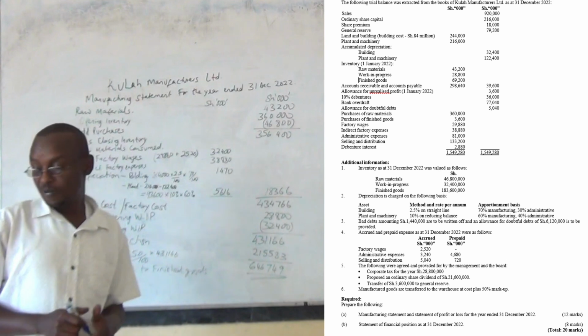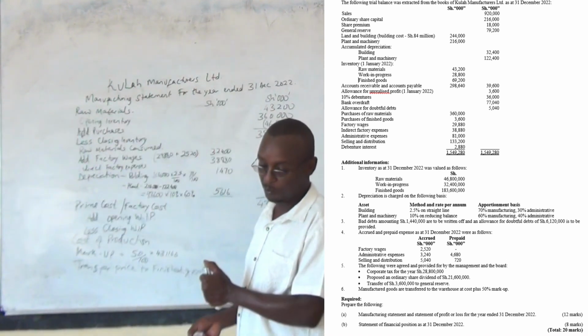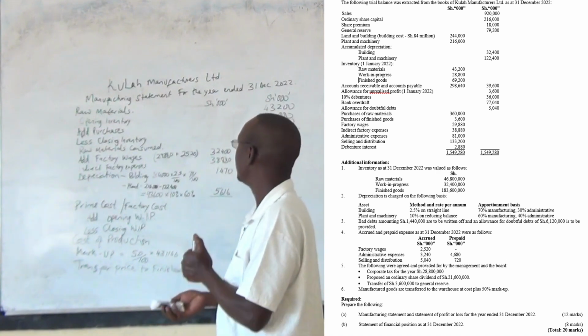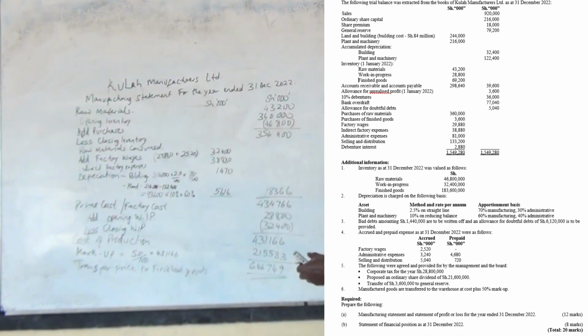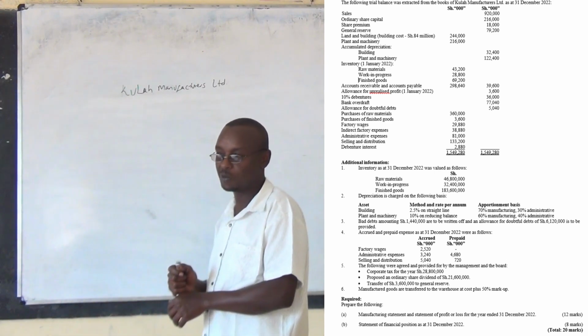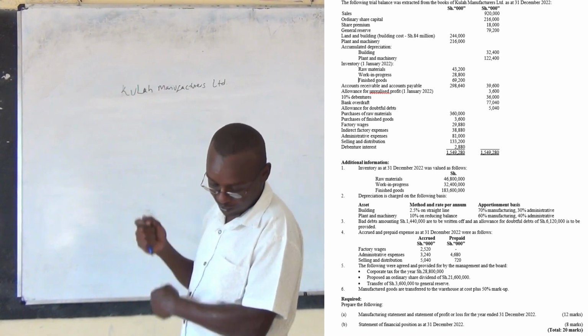Then, from there, we are asked to prepare a statement of profit or loss for the year ended. So we begin with the name of the company. Every financial statement should indicate the name of the company.